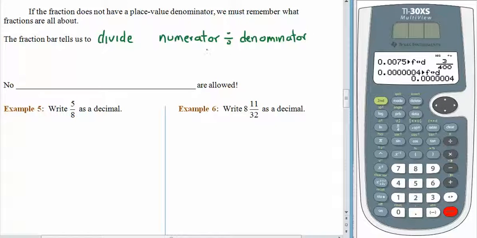So if you had 5/8, we're asking how many times does 8 go into 5? And of course 8 goes into 5 less than 1 time, which makes sense because 5/8 is less than 1. The thing about dividing when we're talking about decimals is that you don't get to use any remainders.